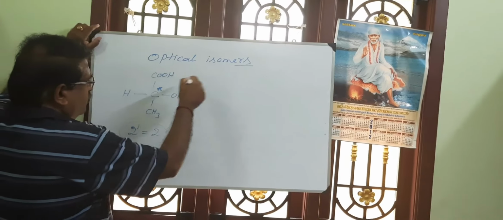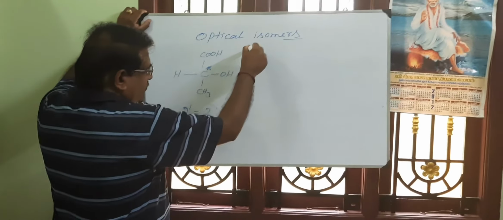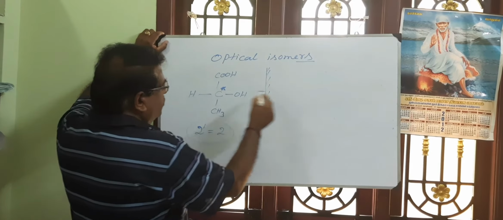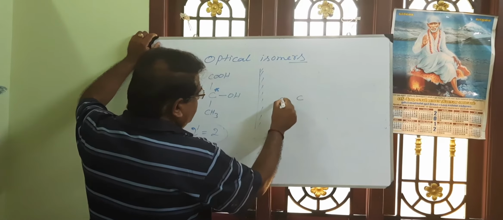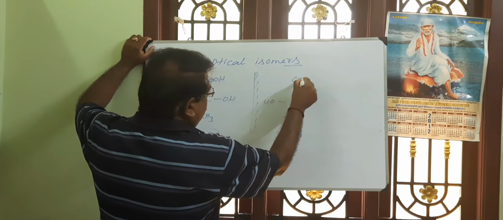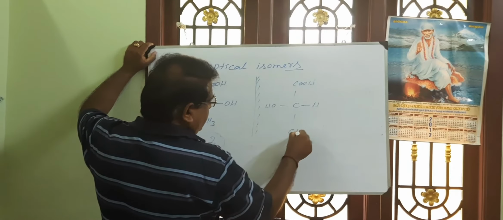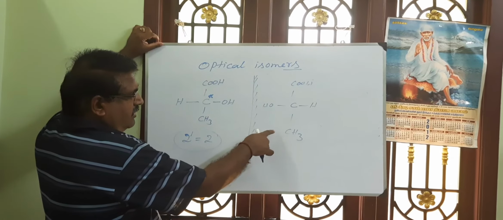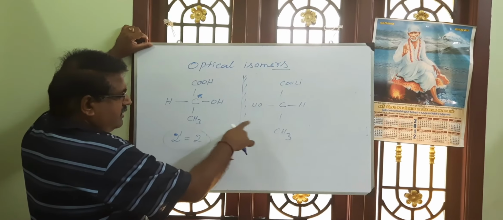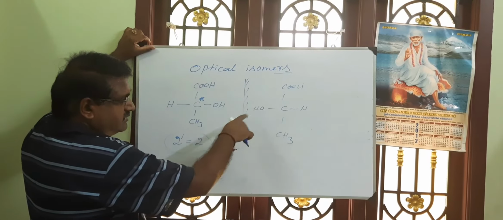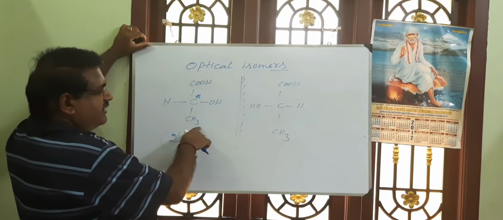So when you have this molecule, say the mirror image of the molecule. What would be the mirror image? Here C, OH, H, and here COOH, and this is CH3. So the mirror image of this compound is another isomer of this lactic acid.